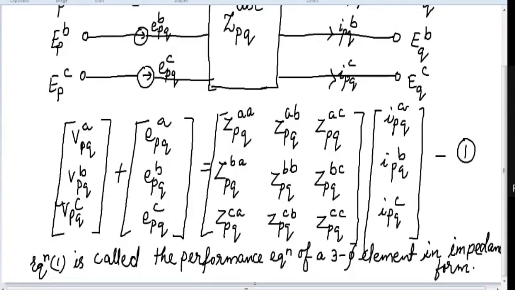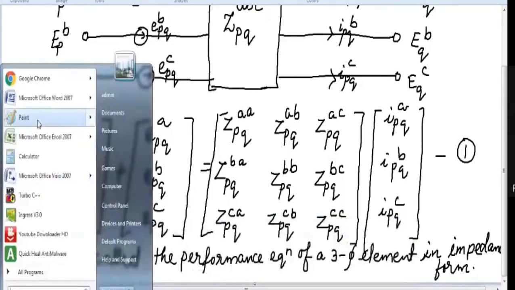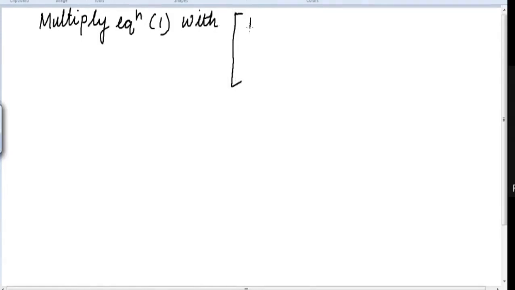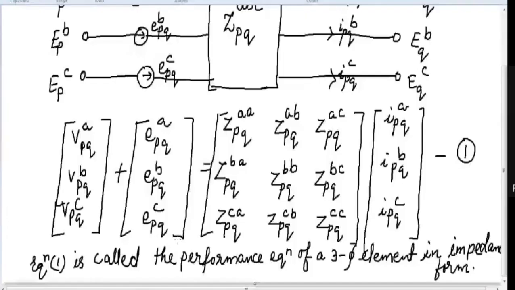So let me write here, multiply equation 1 with 1 alpha square alpha. So if I multiply equation 1 with 1 alpha square alpha, what is going to happen? Let us see here. So this is my equation 1. So I will have to multiply 1 alpha square alpha to both the sides.